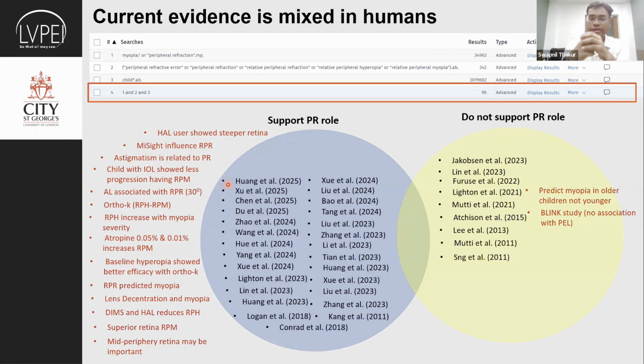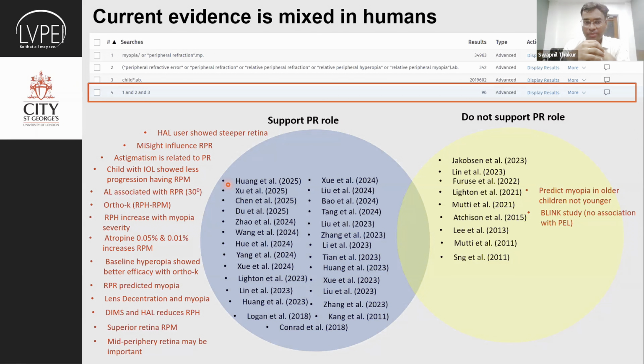There are studies which say that astigmatism is related to relative peripheral refraction. One of these studies investigated children who were implanted with IOL, and when they did relative peripheral refraction, they found that the children who had relative peripheral myopia showed less myopic shift compared to those children who had relative peripheral hyperopia.